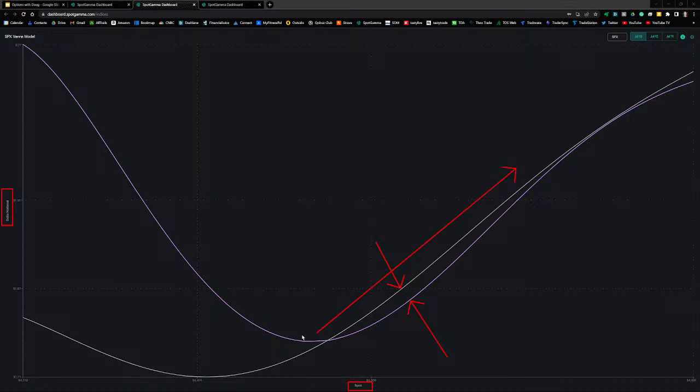On the other hand, as price decreases, market makers will have significantly more delta to hedge, as predicted by the price only curve, the gray curve. So this is typical of a negative gamma environment, that market makers have to sell futures to hedge their delta exposure as price decreases.